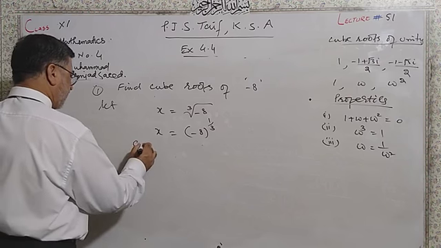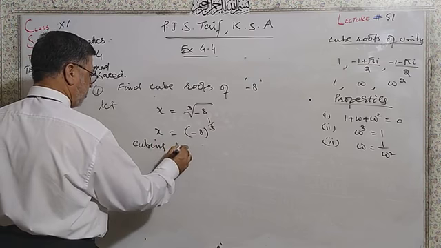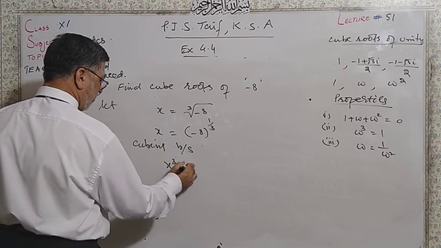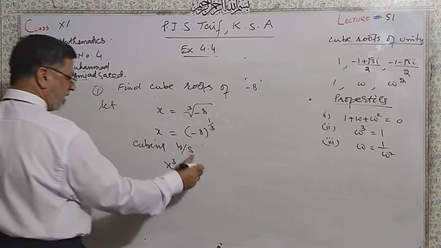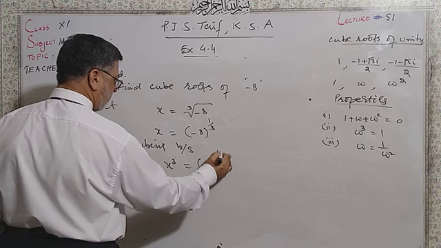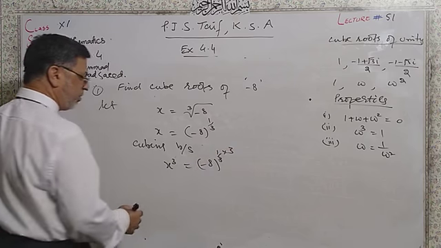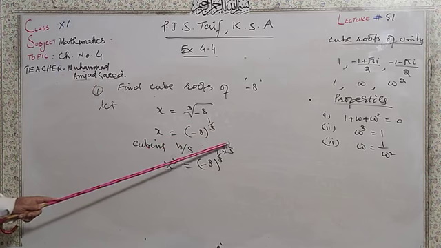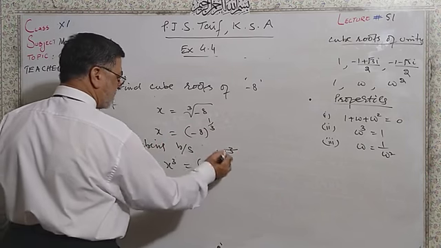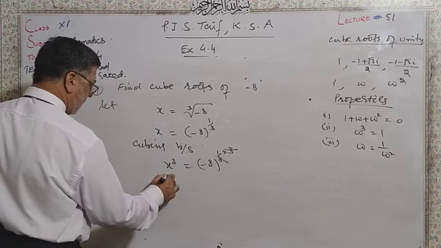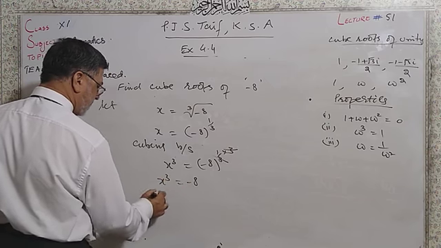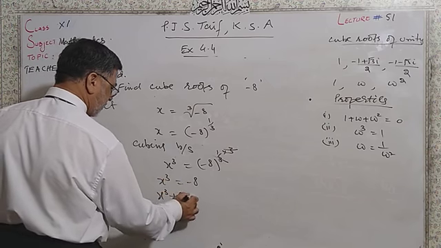Now cubing both sides, we are left with x cube is equal to minus 8 power 1 over 3, and power 3. Power over power, 1 over 3 and 3 both are cancelled out, and we are left with x cube is equal to minus 8, and x cube plus 8 is equal to 0.